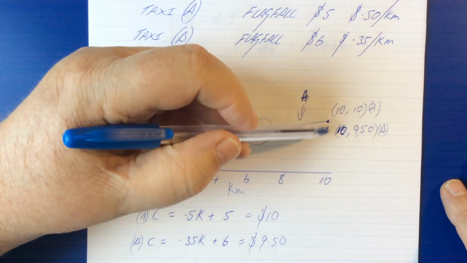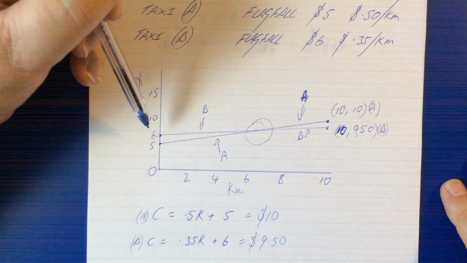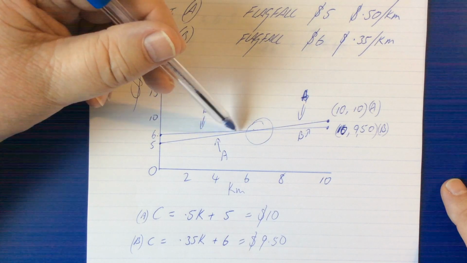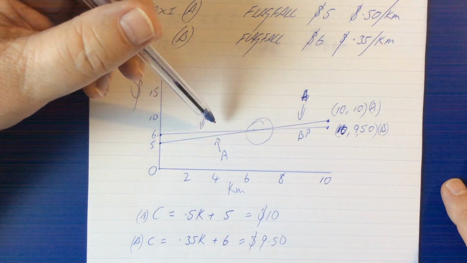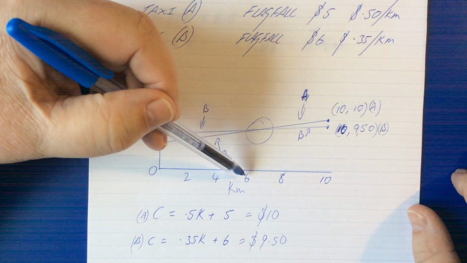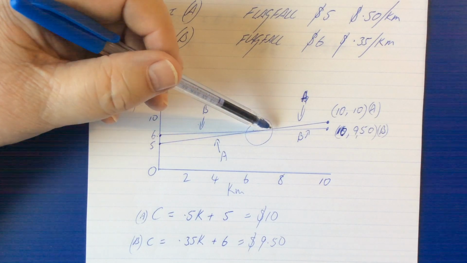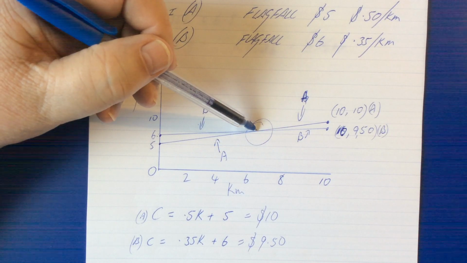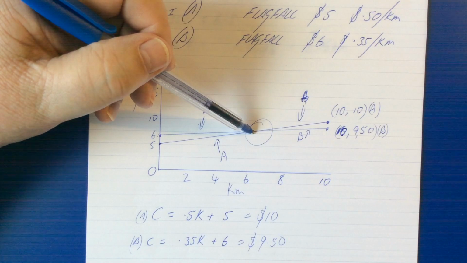Now, you can see at this point that it's more expensive to go with A than to go with B. Over here, say from this point backwards, it's more expensive to go with B than with A. And there is a point in the middle-ish here, probably actually to the right of 6 kilometres, so further out than the middle, to be honest. Somewhere a little bit beyond 6 kilometres, where these two charge the same amount for taking you the same distance.